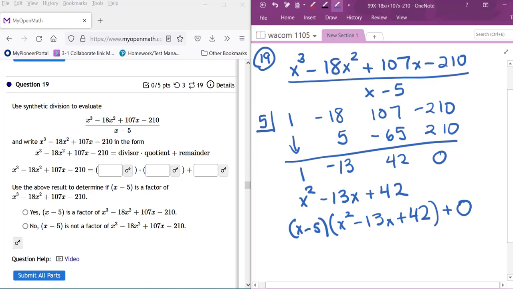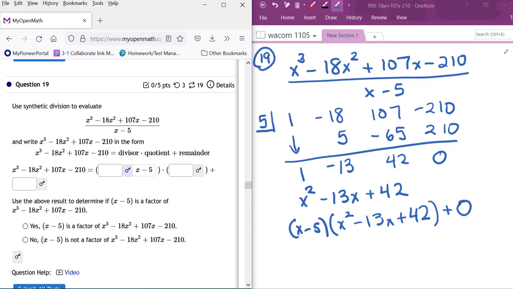So let's double check our answers. So this is the divisor, which they have listed first. Our quotient, x squared minus 13x plus 42. And 0 for a remainder. So we're good there. They have one more question. Use the above result to determine if x minus 5 is a factor of this polynomial.